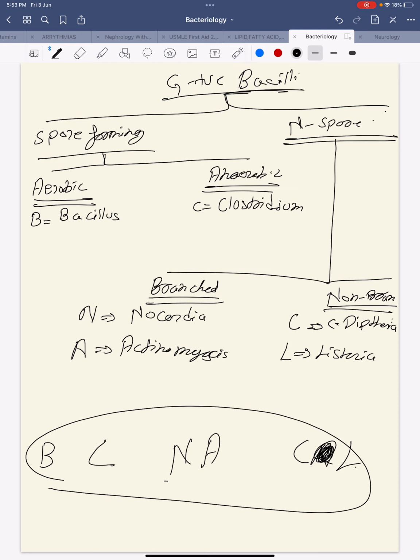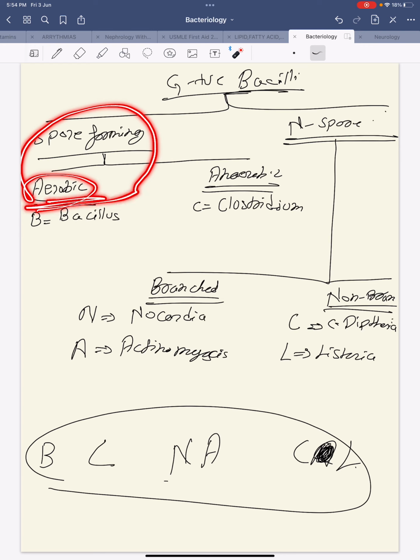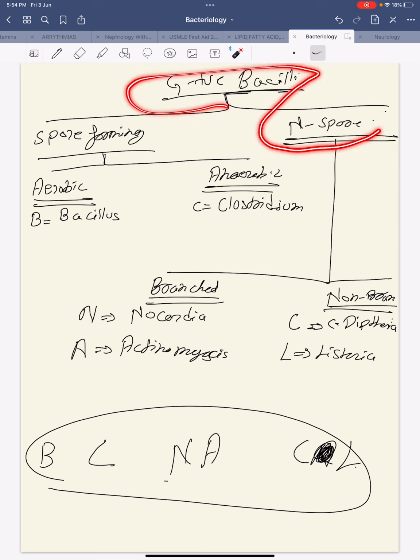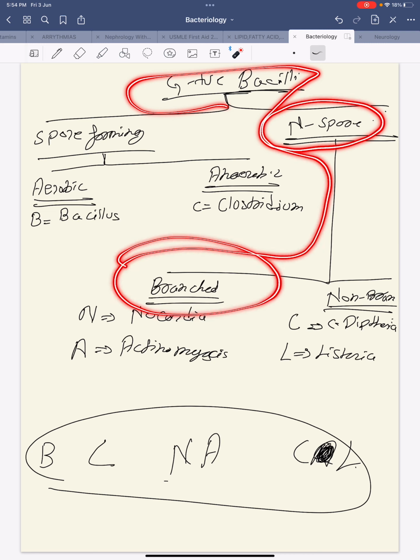So how will they ask questions from here? They will ask which bacteria is aerobic spore forming. So this is aerobic and this is spore forming. So which bacteria is it? This Bacillus. They will ask directly which gram positive bacilli is branched non-spore forming. Gram positive non-spore forming branched are these two.